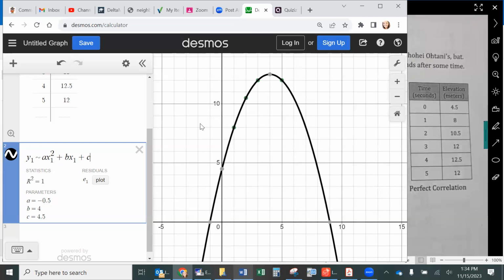You change your table? Oh wait, hold on, we're doing this one.